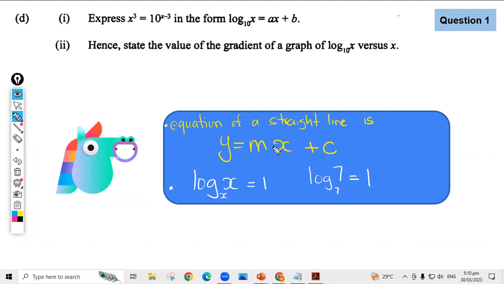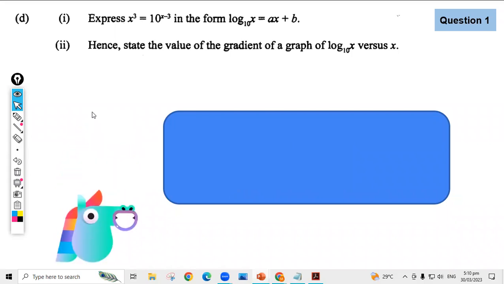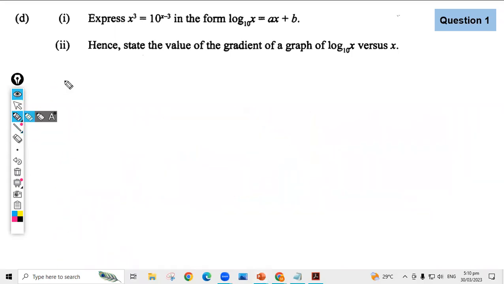And for the equation of a straight line, once you make y the subject, whoever is touching x is your gradient and everybody else is your y-intercept, from basic, I guess, Form 3 or Form 4 maths. So let's move forward and see how we could use those things to help us, right? So for part 1, let's see.